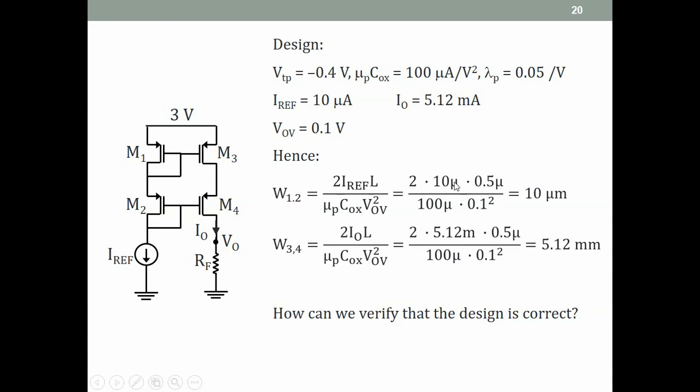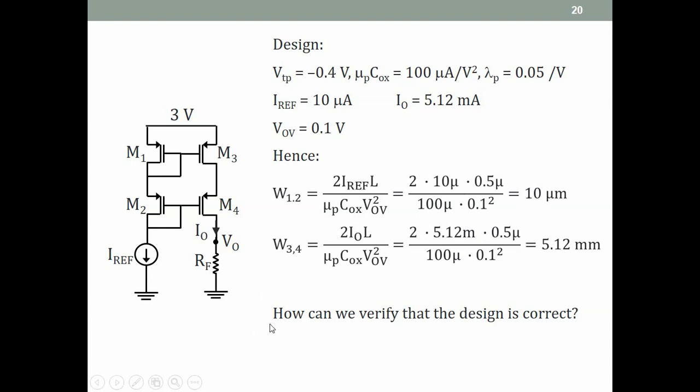In fact, the ratio of 10 micro to 5.12 milli, so 5120 times 10 micro, which is 5.12 millimeters. This is a very wide transistor, but this is okay. Current steering DACs do require very large sized transistors. All right, so that completes our design.